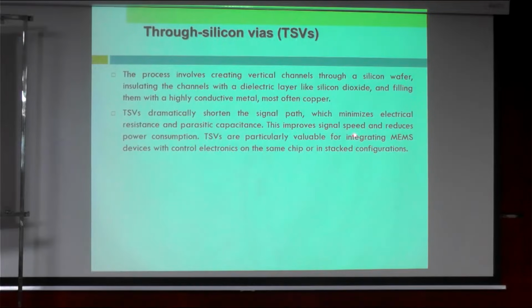And this improves signal speed and reduces power consumption. TSVs are particularly valuable for integrating MEMS devices with control electronics on the same chip, or in a stack configuration. The stack configuration has made possible a lot of high performance devices.